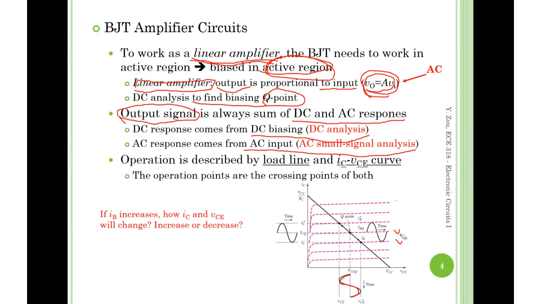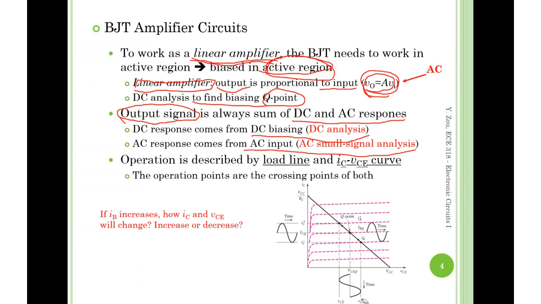AC input, then IB is going to be an AC swing, positive and negative swing. This is the characteristic of the AC, right? IB swings, so your intersection point between the load line and the IB curve is going to swing as well, right? And then it introduces swinging IC and VCE. It makes perfect sense.